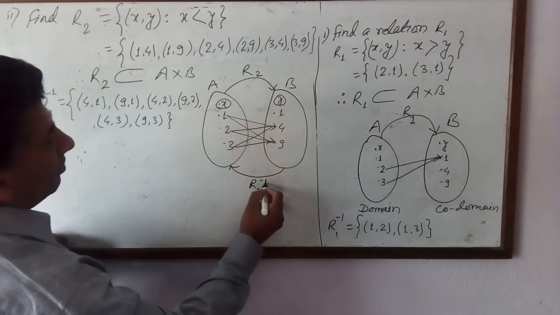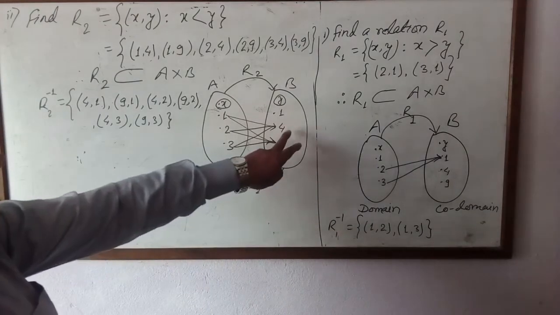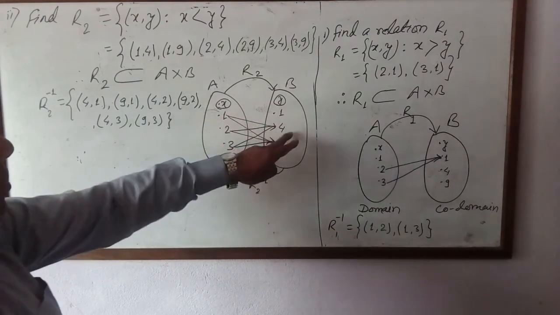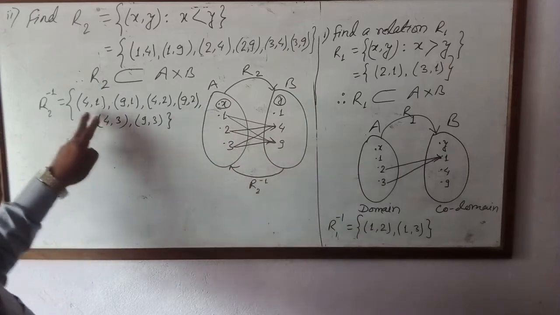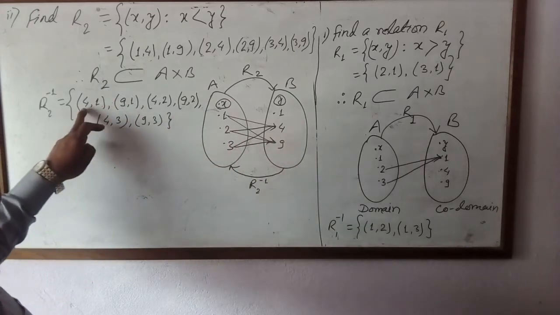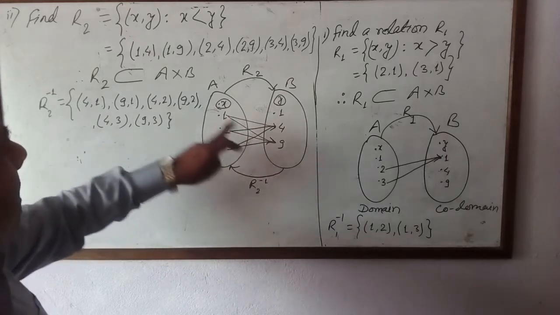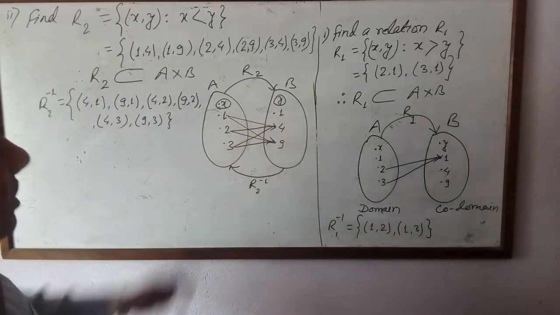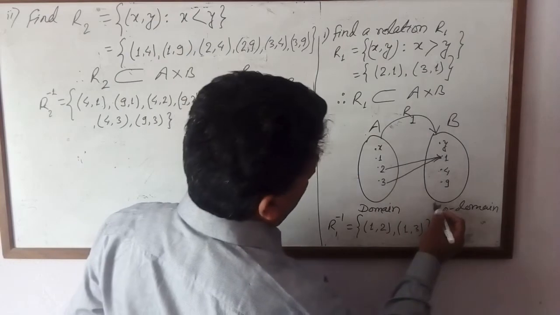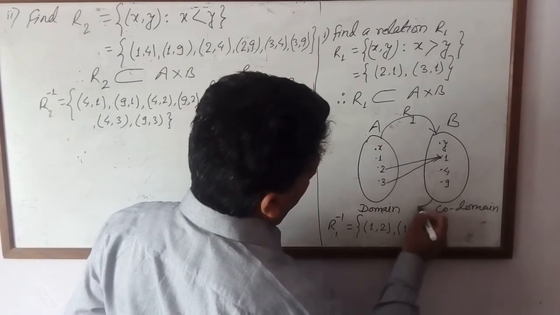R2 inverse means who has image 1, 2, 3. 4 has image 1, 2, 3, and 9 has image 1, 2, 3. Just reverse. Here also we can show this one like this, R1 inverse.